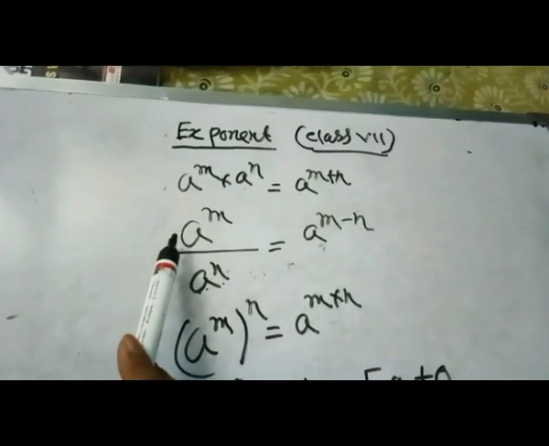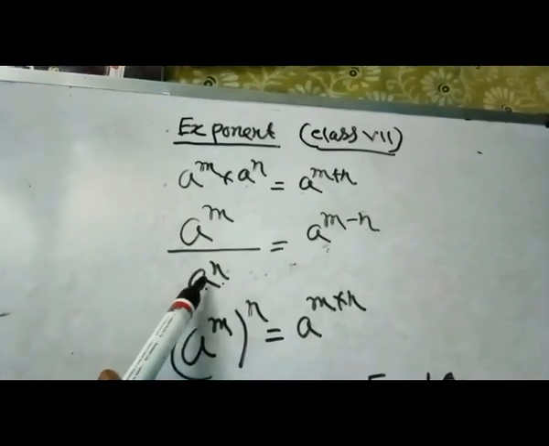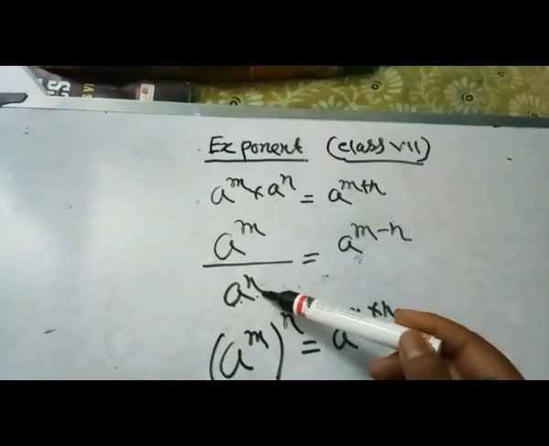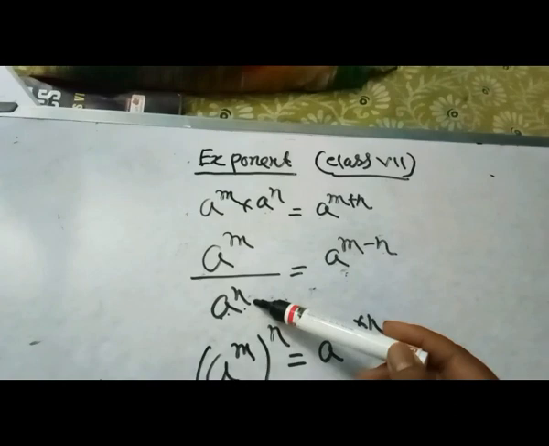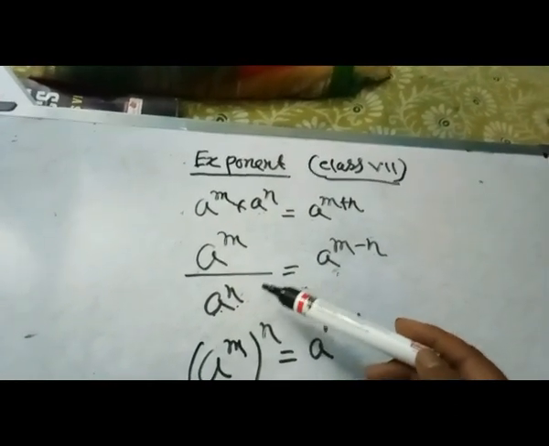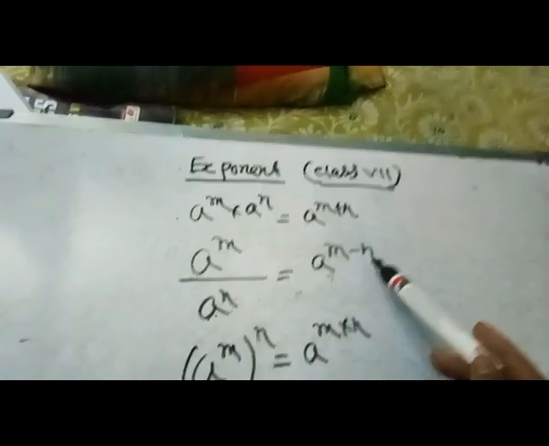You see that here both the bases are a and the powers are m and n respectively, and they are in the form of division. So what do we have to do? We have to subtract the powers, meaning a to the power m minus n will be there.